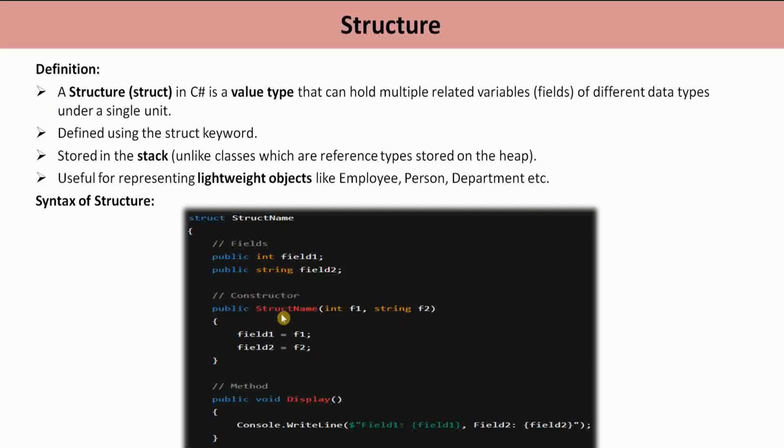A constructor has the same name as the structure. We provide two parameters and put these parameter values into these fields. Here we create one method to display inside the structure.